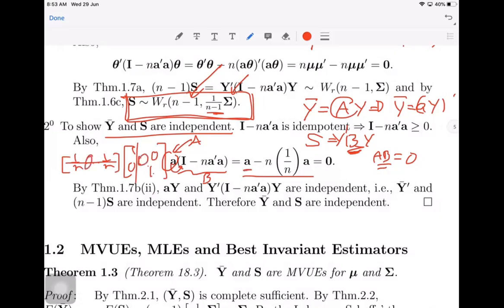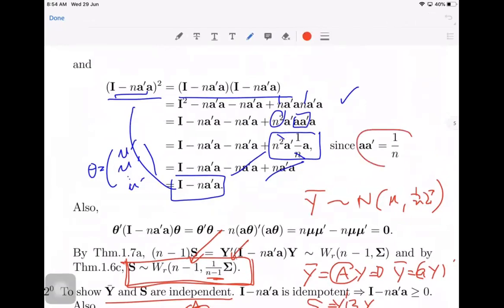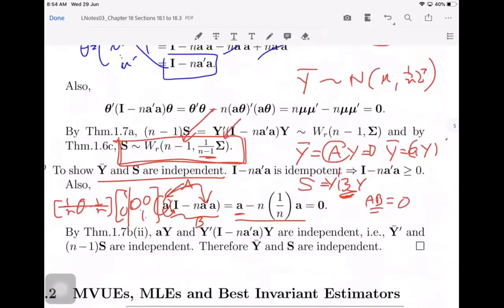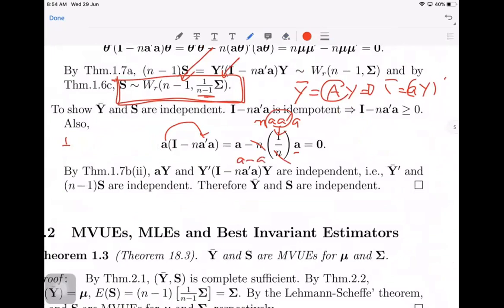So it's still A. And then if you have that, you know that A prime is 1 over n. So if you have that, that will be n A prime A, but A prime is just 1 over n times A. So this is cancelled. What you have is A minus A, which is 0.